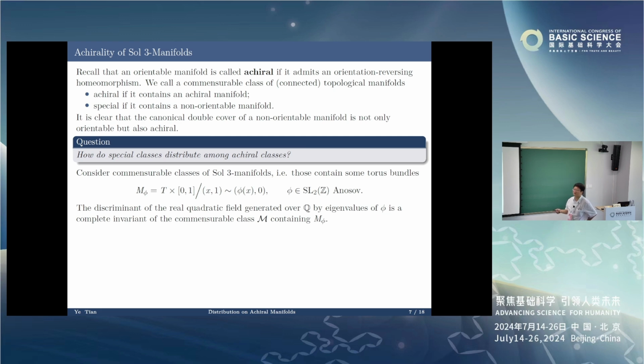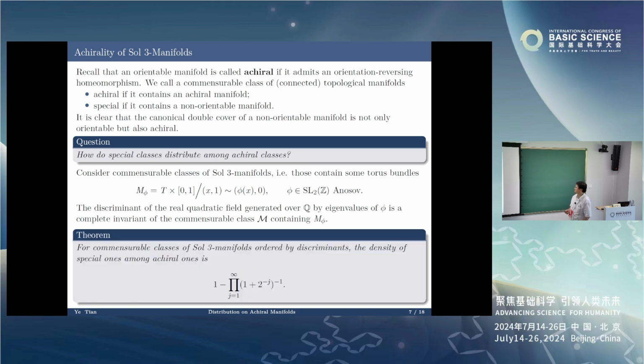So there is a one-to-one correspondence between commensurable classes of Sol manifolds and real quadratic fields. Now this is the theorem: for commensurable classes of Sol 3-manifolds ordered by discriminant, the density of spatial ones among achiral ones is again 1 minus the product. Discriminant here means the discriminant of the real quadratic field.